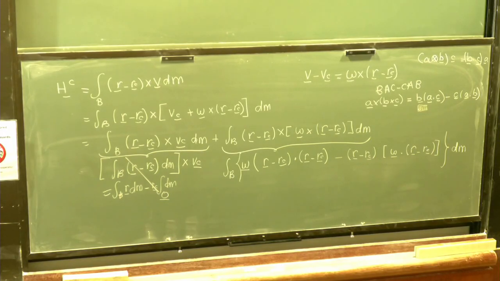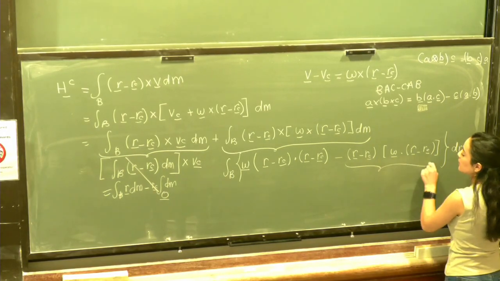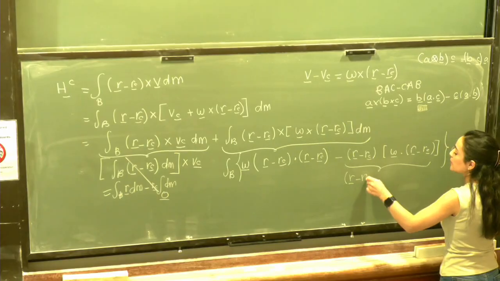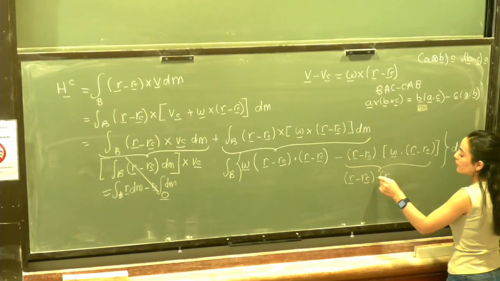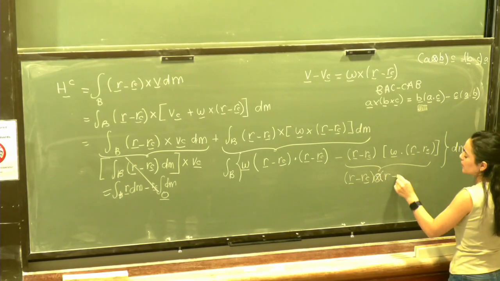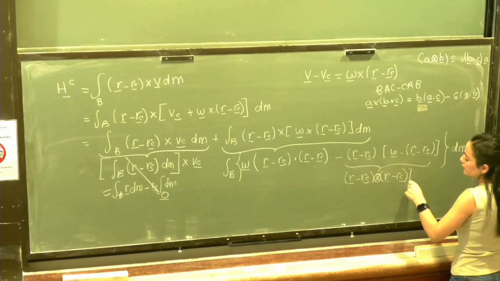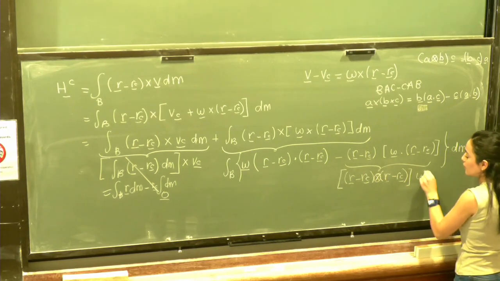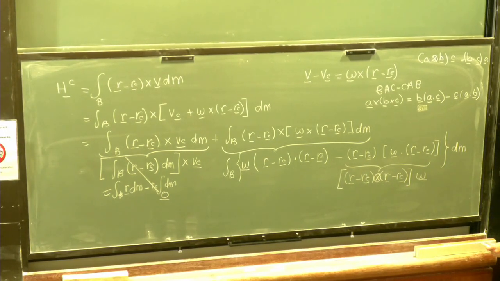Okay, so your friend is saying that I can rewrite this as r minus rc bond r minus rc acting on omega. Is that right? That would be r minus rc dot omega along r minus rc. So I think it's right. Do you agree? Raise your hand if you do. Okay, there's some disagreements. Any questions? Questions? Okay.